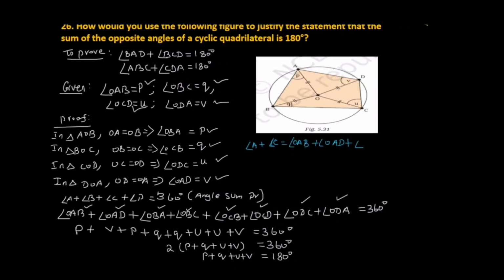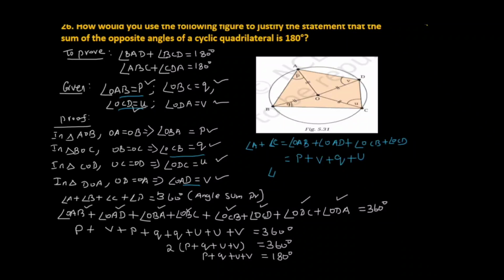Then angle C is angle OCB plus angle OCD. Now replace: angle OAB is P, angle OAD is V, angle OCB is Q, angle OCD is U. So P plus V plus Q plus U is equal to 180 degrees.